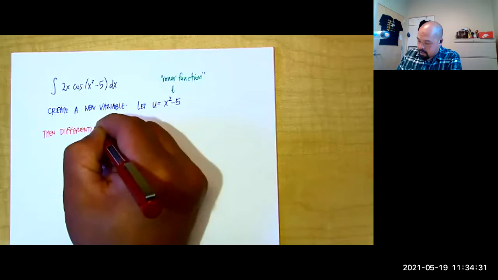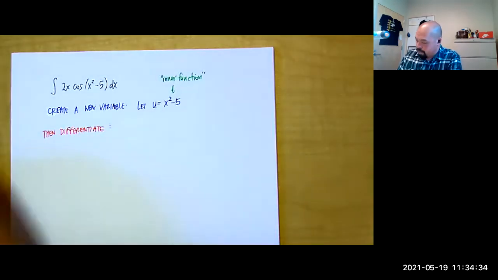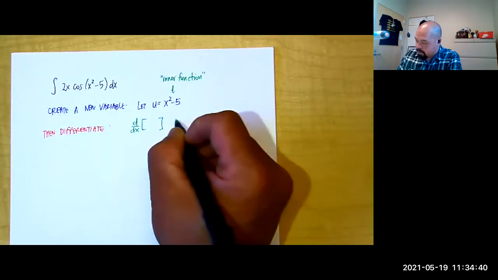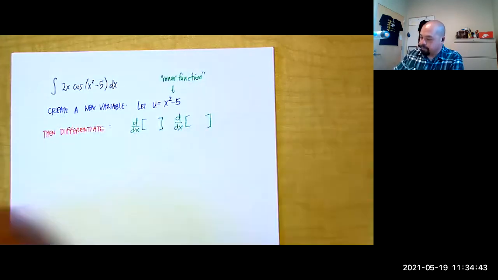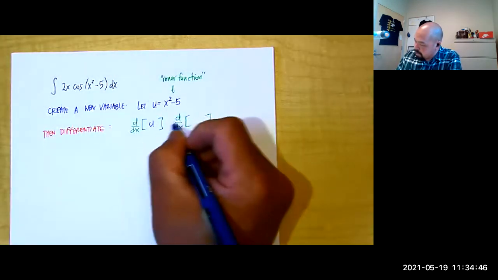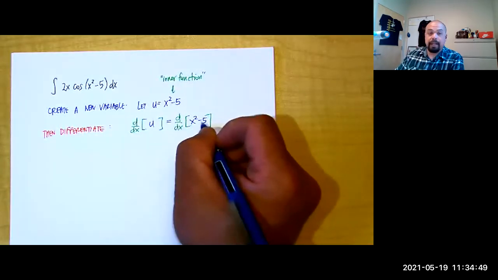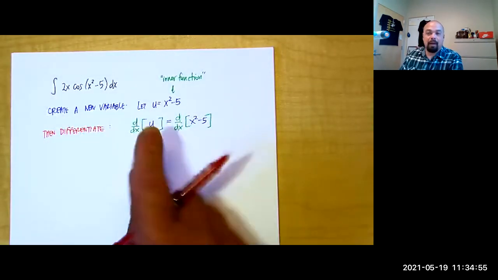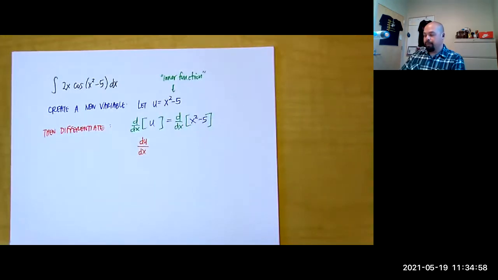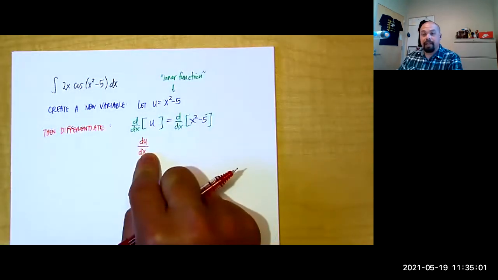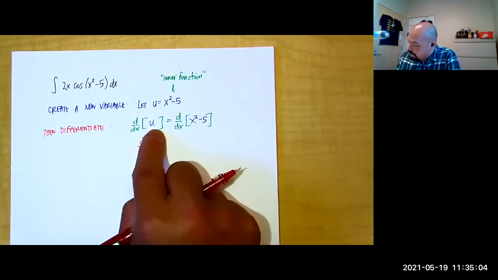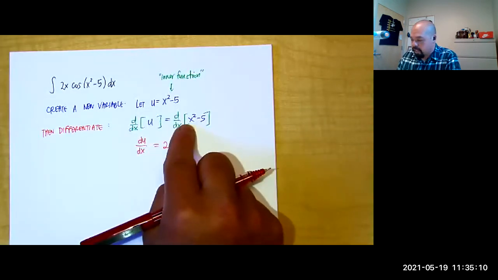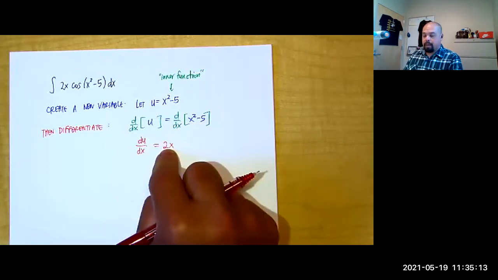Taking the derivative with respect to x on both sides, like our implicit differentiation before, du dx is going to be equal to 2x. The 5 goes away, power rule.